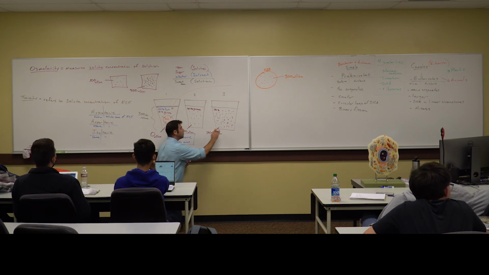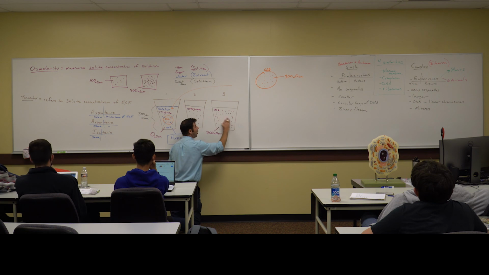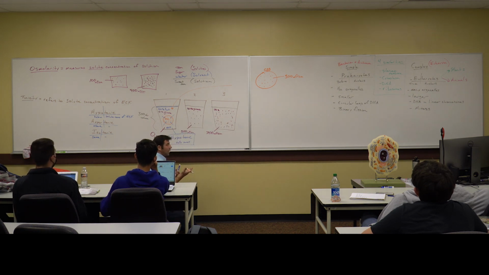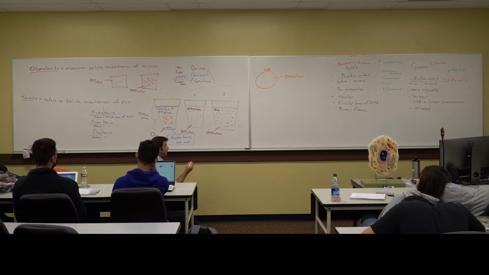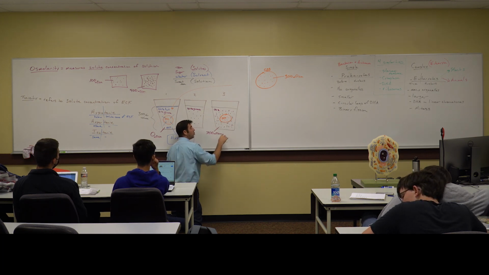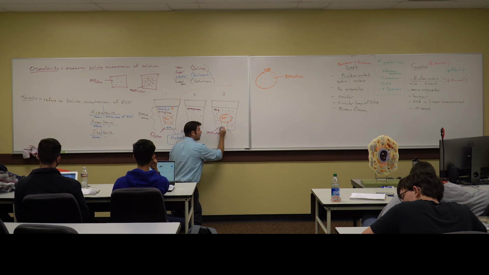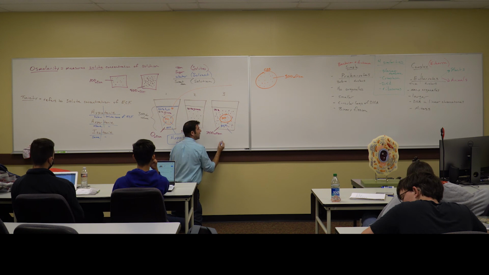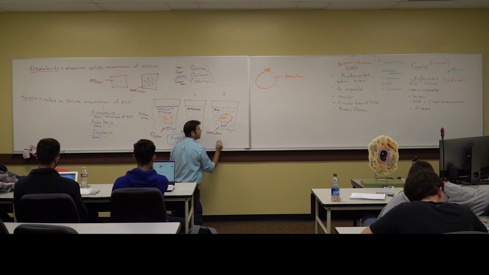Now let's jump over to this one. All by itself, we can't say whether it's hypotonic, hypertonic, or isotonic. But as soon as we drop our cell in there, again, the cell is 300 milliosmoles, so there's a few solutes in it, but there's way more solutes around the outside of the cell. So now we can refer to this ECF as hypertonic.